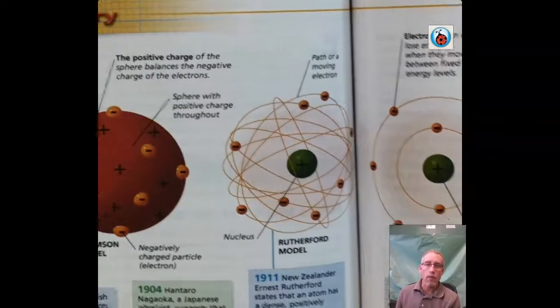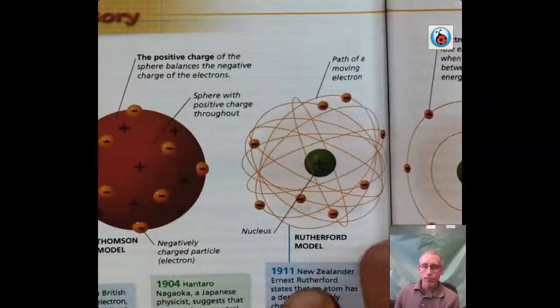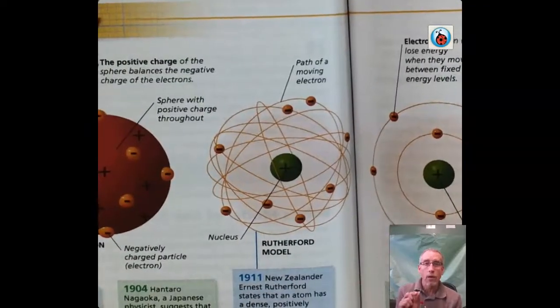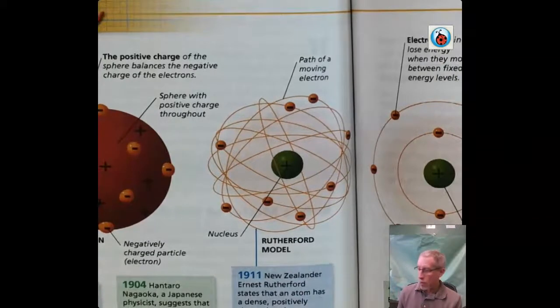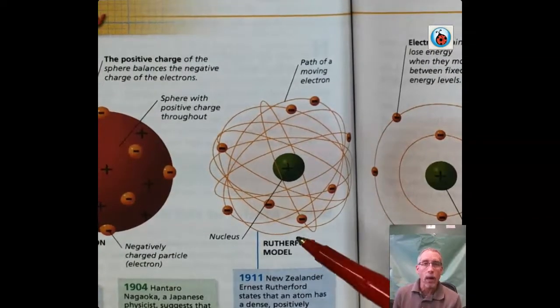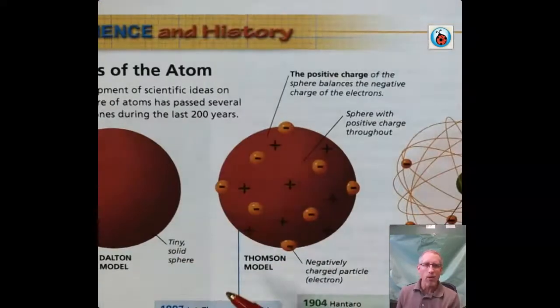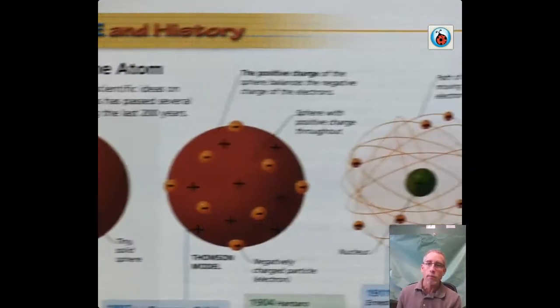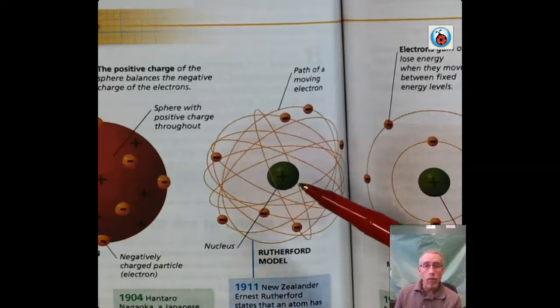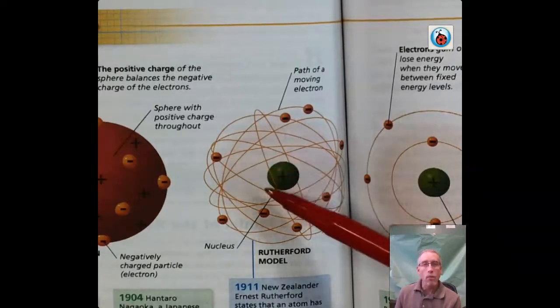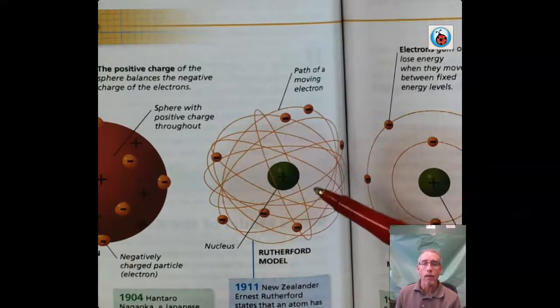And then not long after that, Ernest Rutherford said, I did this experiment called the gold foil experiment, and I found that these alpha particles will bounce off of something in the atom. Well, in the plum pudding model, there's really not much to bounce off of. So in the Rutherford model, he proposed that there is a positive center to the atom.